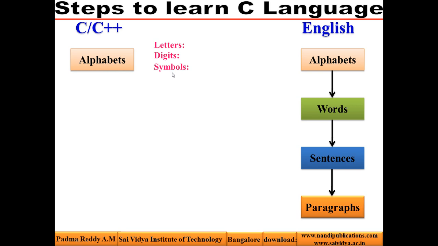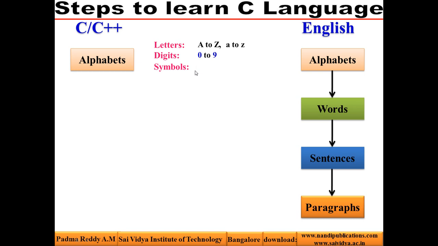Now let us see what are the various letters that are available in C language. Capital letters such as A, B, C and so on up to Z, and lowercase letters such as a, b and so on up to z. Digits are from 0 to 9. Next we see what are the various symbols that are available.